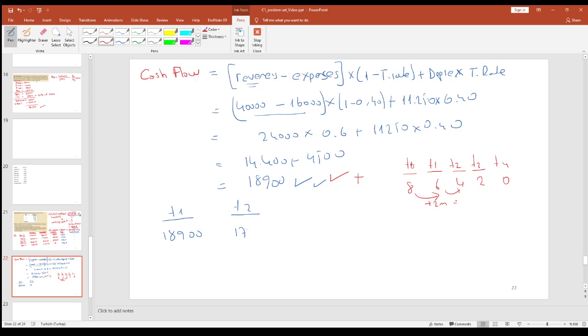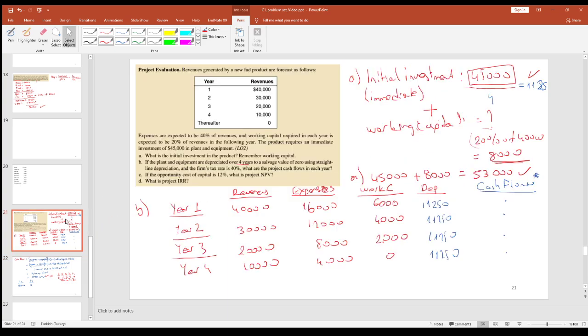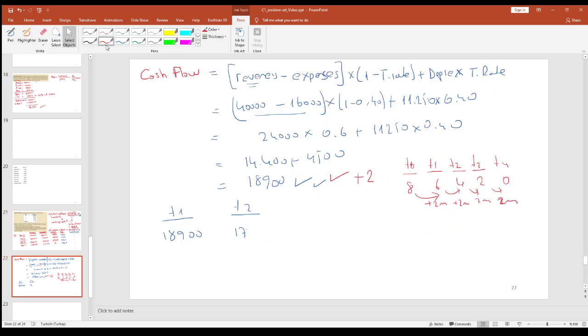So per year you need to add 2 million at each year to your operating cash flow. Let me check the figures here, or 2,000, the same. Here we have 2,000.